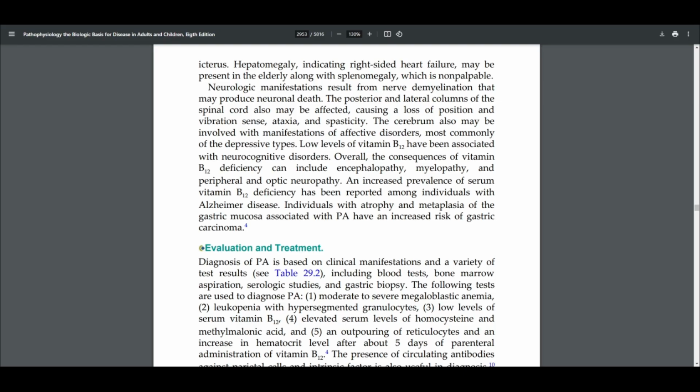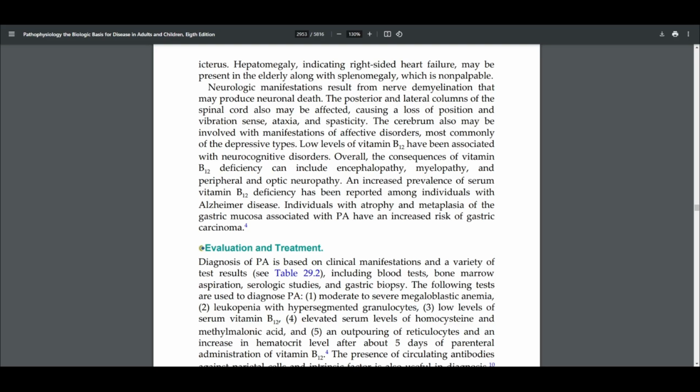The posterior and lateral columns of the spinal cord also may be affected, causing a loss of precision and vibration sense, ataxia, and spasticity. The cerebrum also may be involved with manifestations of affective disorders, most commonly of the depressive types. Low levels of vitamin B12 have been associated with neurocognitive disorders.